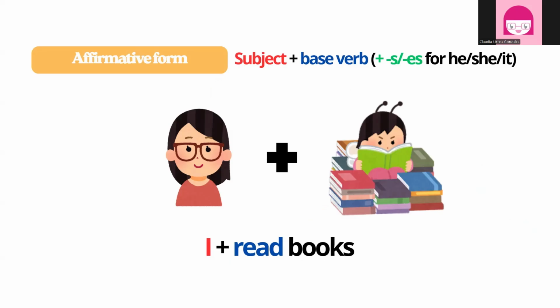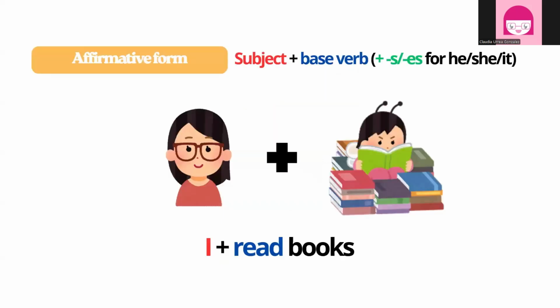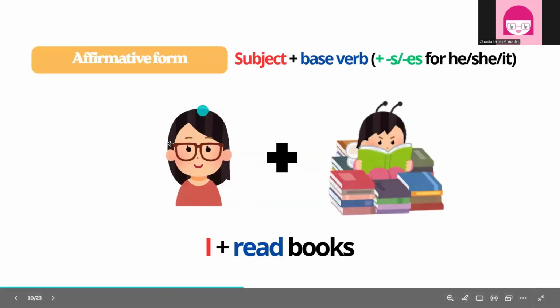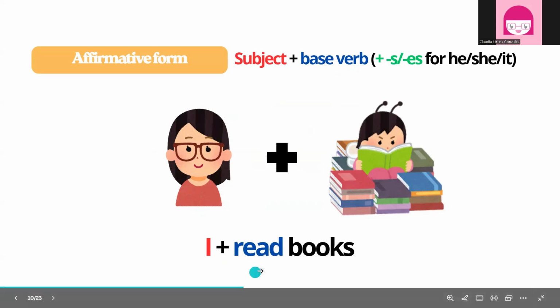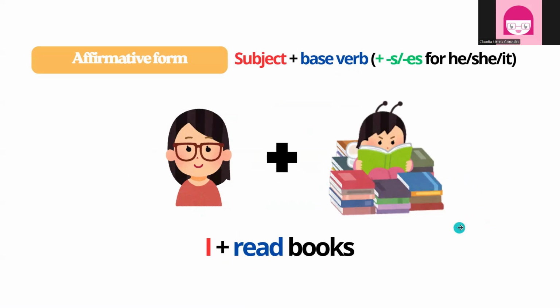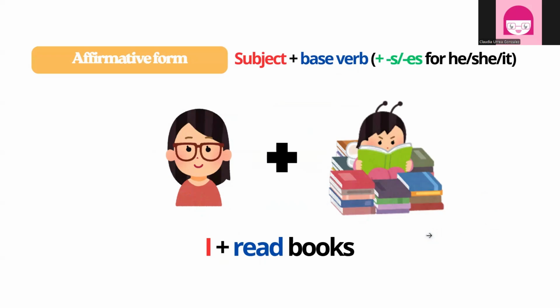And in the case of he, she, or it, we need an S or ES, like this one, likes. So let's see this example. We have the subject plus an activity. So I read. Can you tell me what are those? Books, right. So let's check more information, shall we?